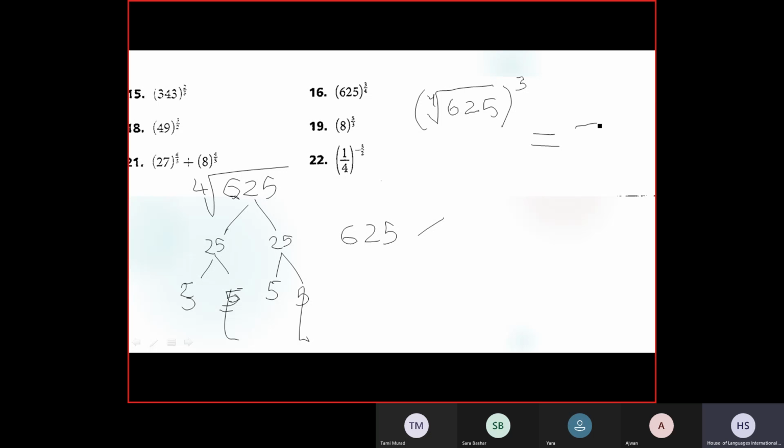Bravo. Now 5 cubed is? 5 times 5 is 25, times 5 is 125.